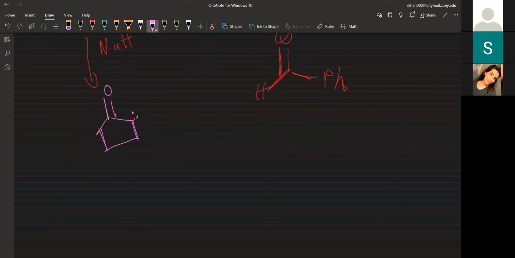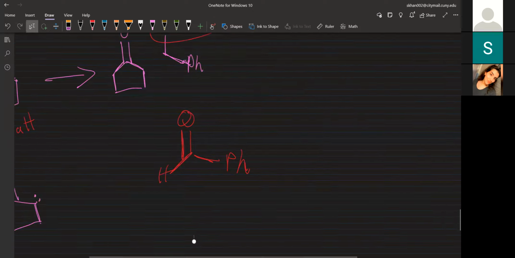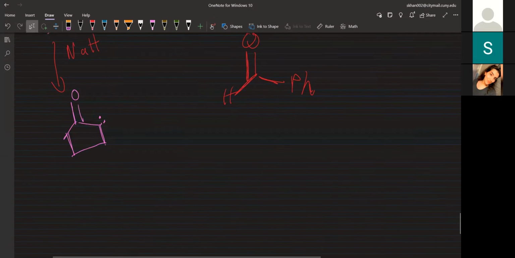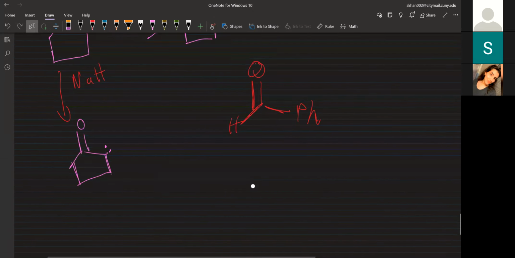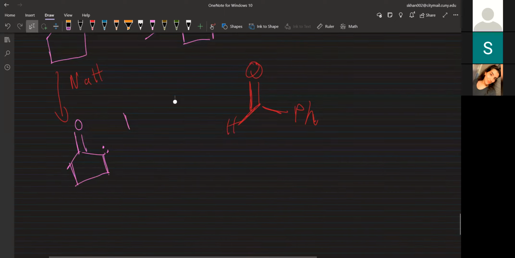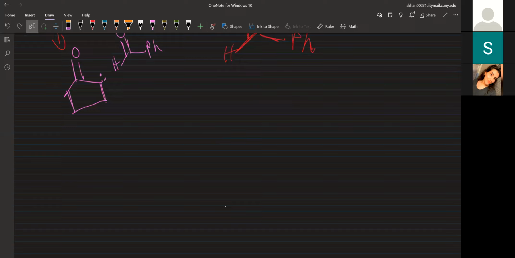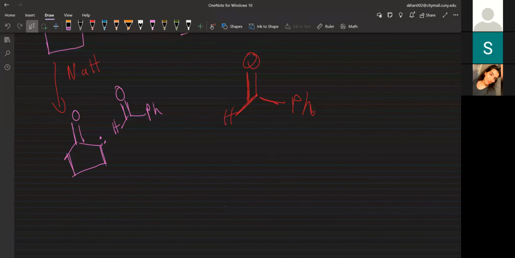Now if we attack our aldehyde here, the best part about this reaction is that, because it's a phenyl group on one side and aldehyde on the other, you don't have to worry about this getting deprotonated.